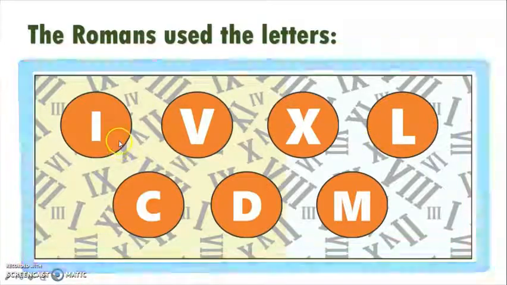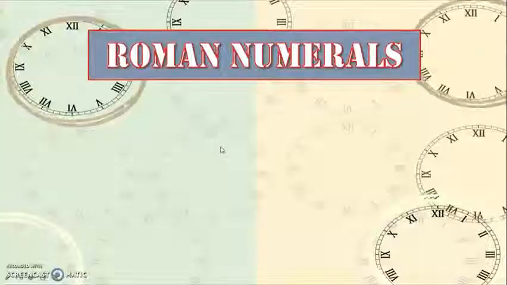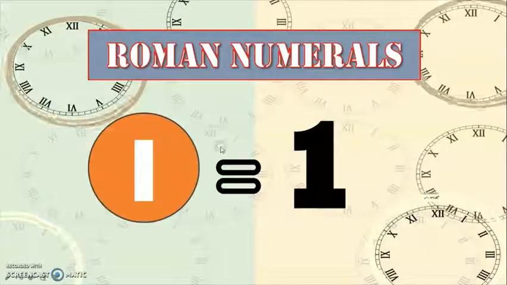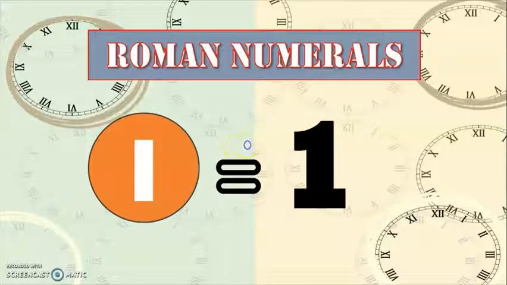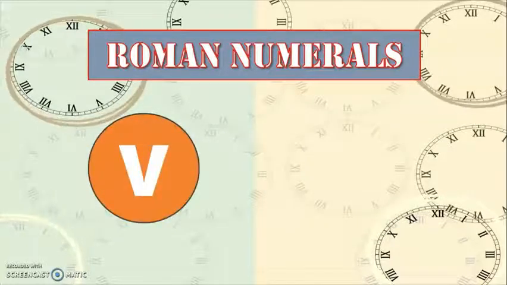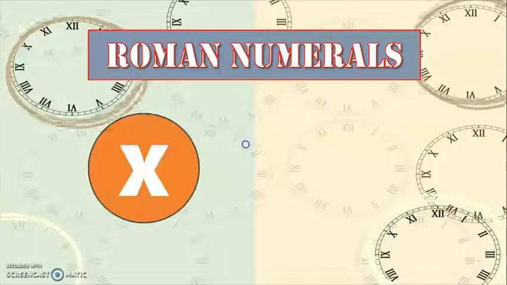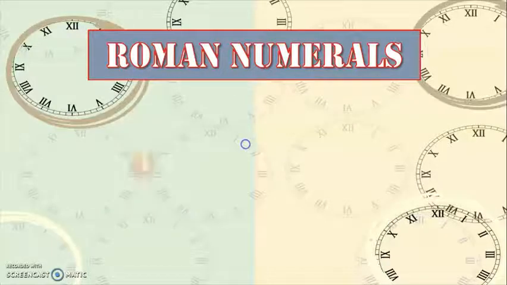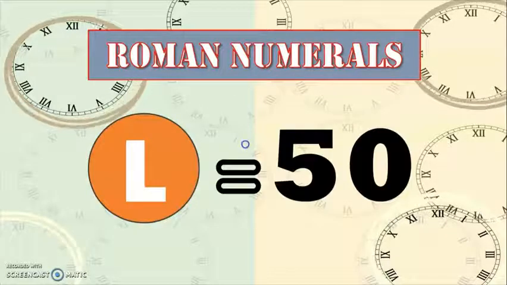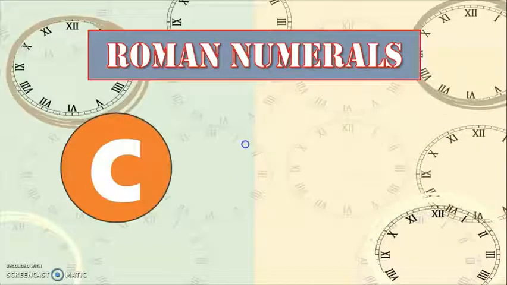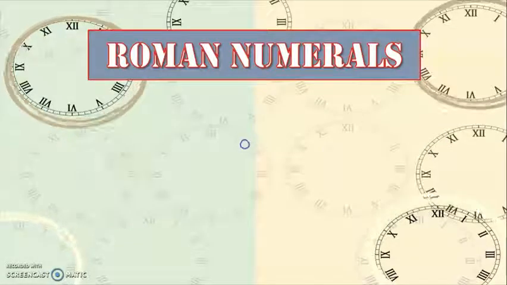So what is the equivalent value of each letter? Let's start with letter I. Letter I is equal to 1. Letter V is equal to 5. Letter X is equal to 10. L is equal to 50. C is equal to 100.